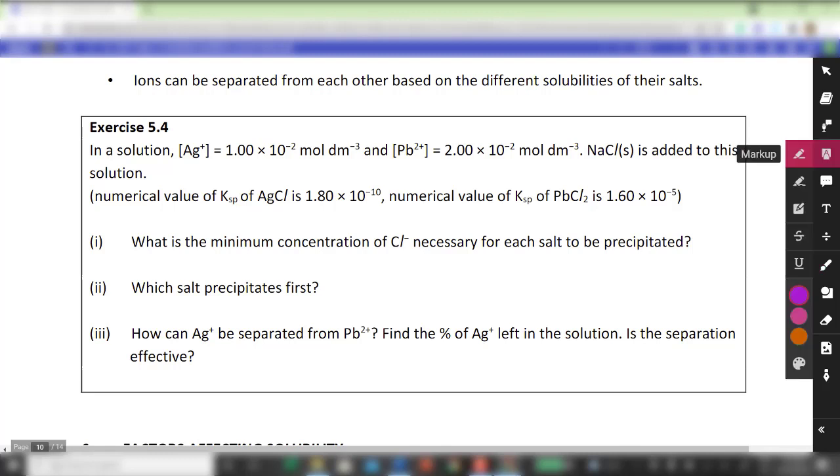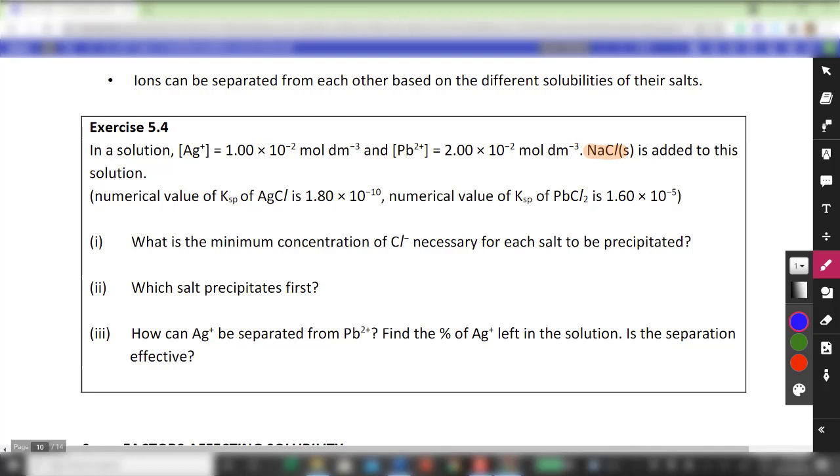You'll notice that if a question wants to make it a bit easier and let the students focus on practicing calculation at the beginning stage of learning, usually they will add solid instead of a solution. The reason is when you add solution, you are actually diluting the concentration of the respective cations as well.